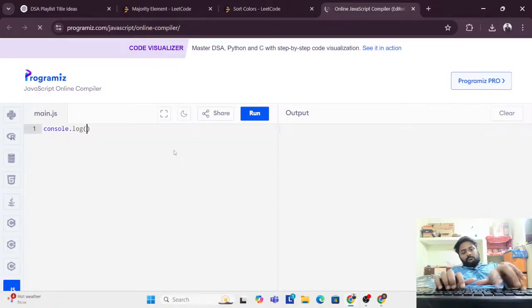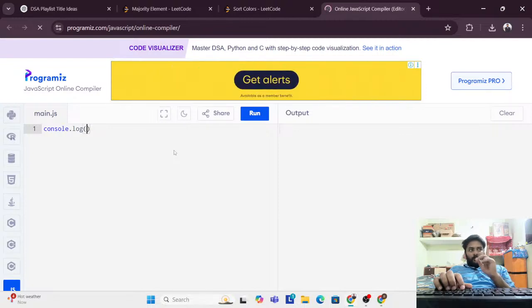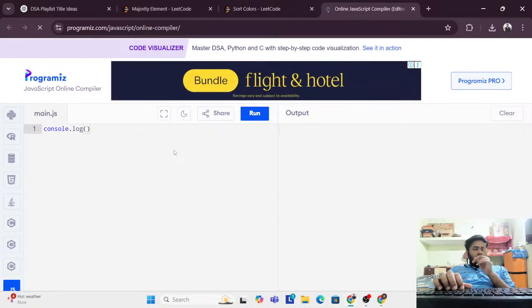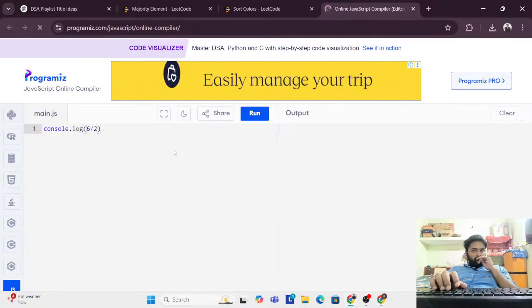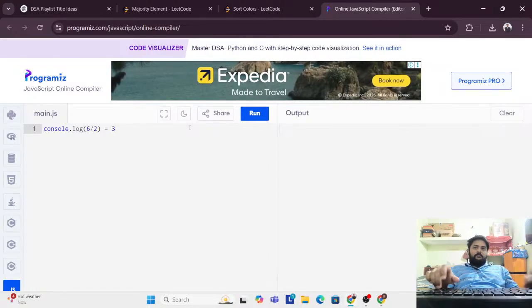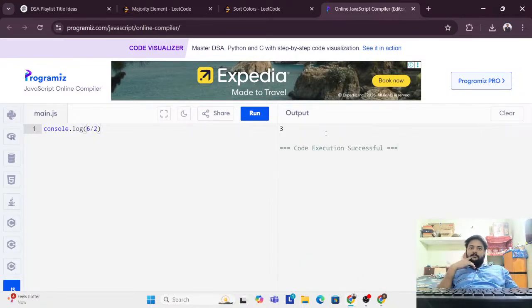Basically the question says that the majority element we find should appear more than n by 2 times. So let's say the size of the array is 7, then divided by 2 it is 3.